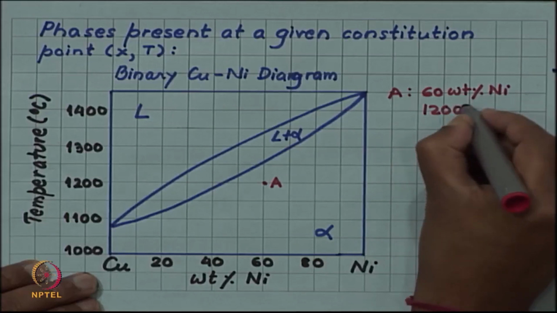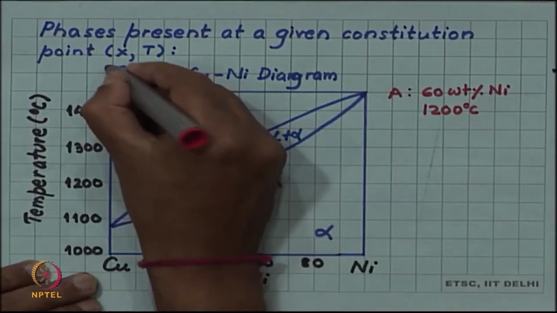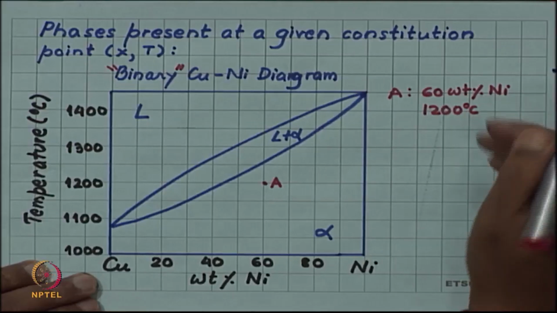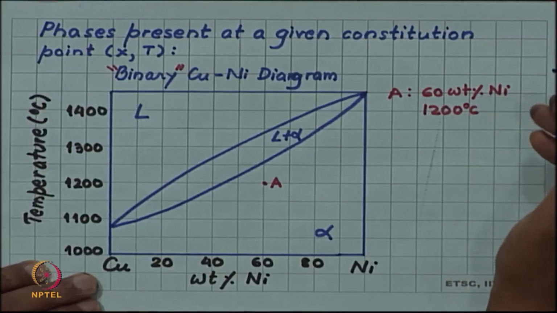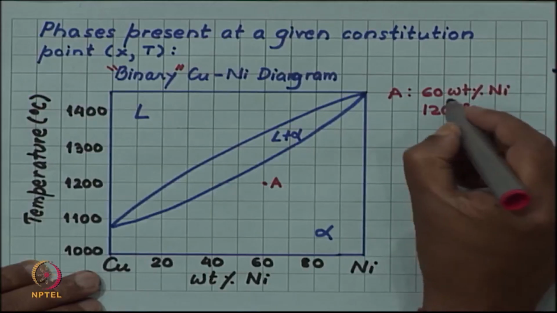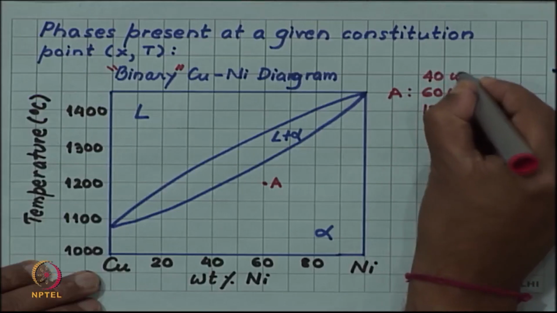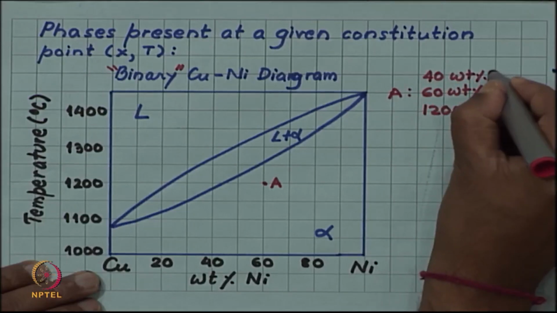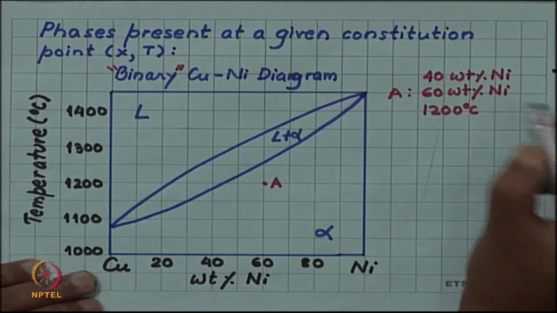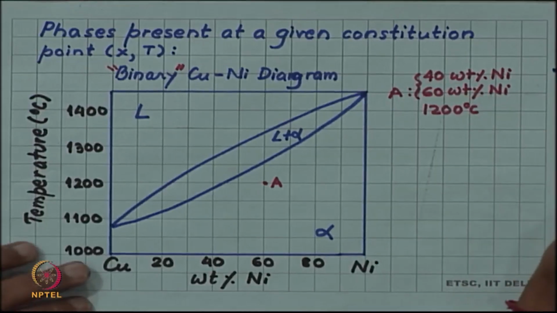I am only writing 68% nickel because we have a binary alloy. This is the convention in binary alloy, since the other component obviously will be 100 minus the component which you have given. Giving the proportion of one component is sufficient to define the composition for a binary alloy.